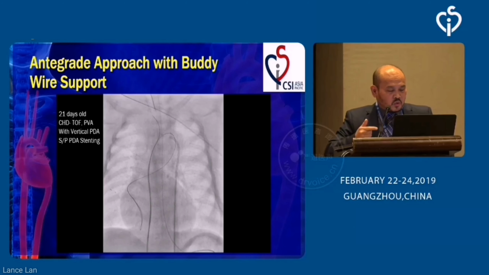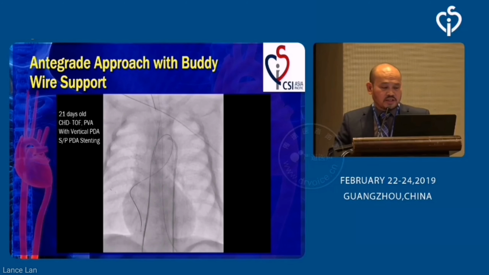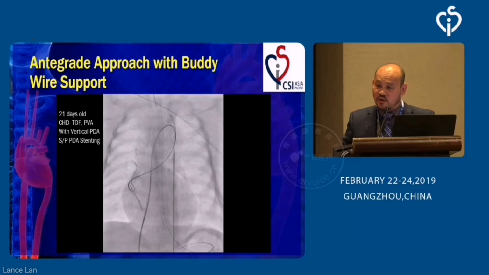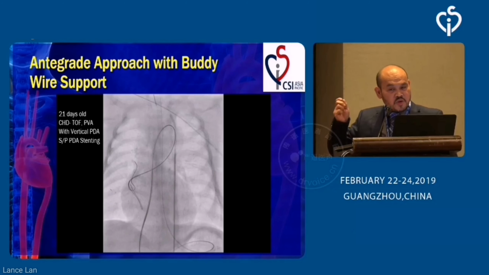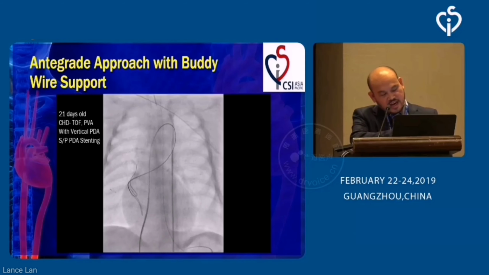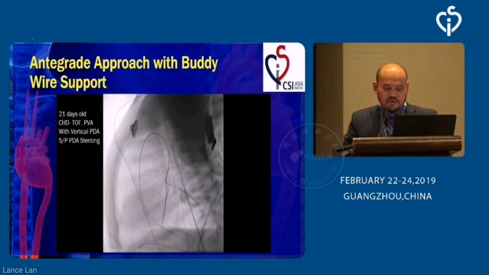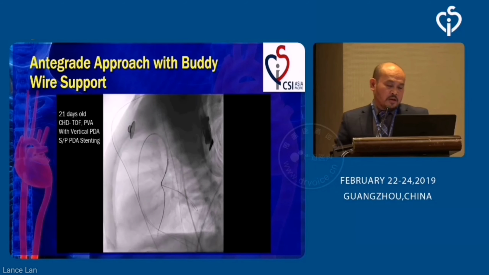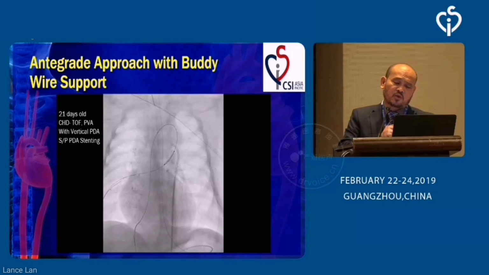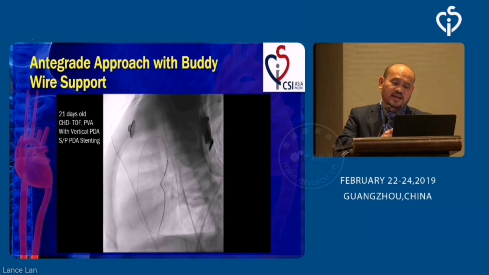But I choose which of the wires has the best anchorage. And I think the most distal wire, the distal RPA, is the best anchorage wire. So before inflating the balloon, I removed the other wire at the lower side of the right PA. Another thing about this patient, I thought that there was some sort of constriction at the proximal side.